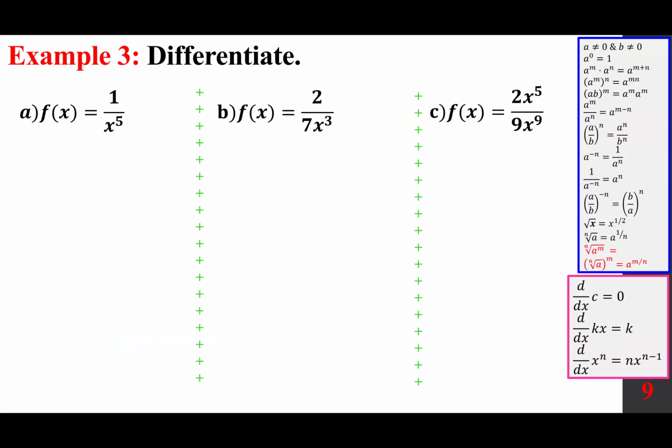Now, everything in this page requires algebra first, and then we do calculus. So again, I'm reminding you of exponential rules. To differentiate the first one, we change it to x to the power minus 5.